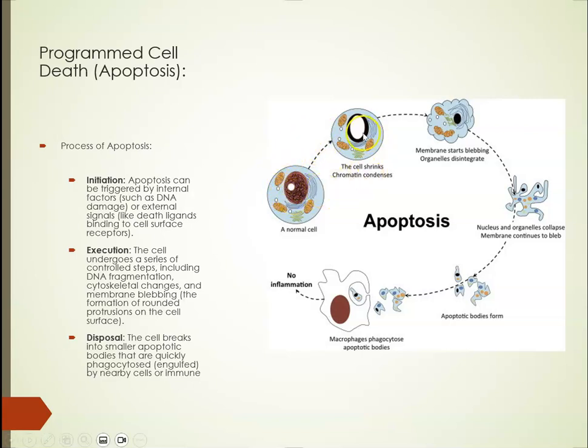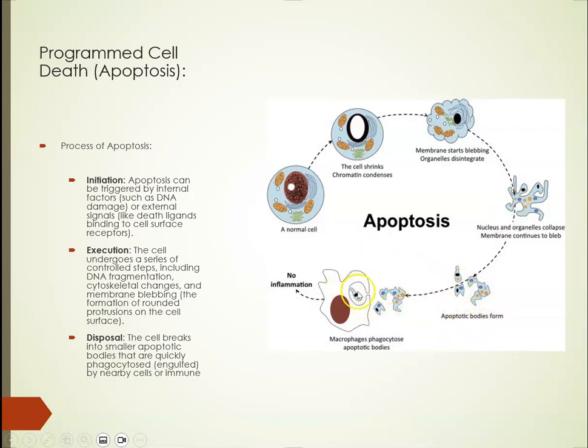After that, the cell starts shrinking. Then the membrane starts blebbing, and you start seeing the organelles within the cell disintegrating. The nucleus and the organelles collapse, and it becomes what we call apoptotic bodies.